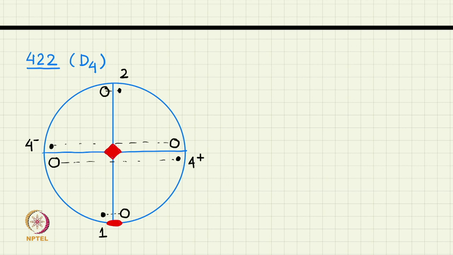So, now I have rotated the 4 points about the horizontal twofold to give me 4 additional points below the equatorial plane, giving me a total of 8 equivalent general positions. Now, no more new points will generate by having these two axes. However, new axes have automatically emerged out of this operation.